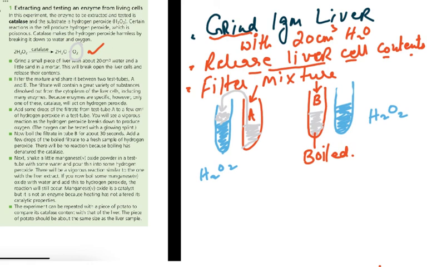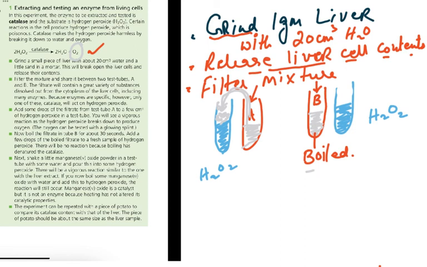Because enzymes are specific, however, only one of these, catalase, will act on the hydrogen peroxide. So you add this to the hydrogen peroxide, and there's a lot of fizzing, and the oxygen can be tested with a glowing splint.